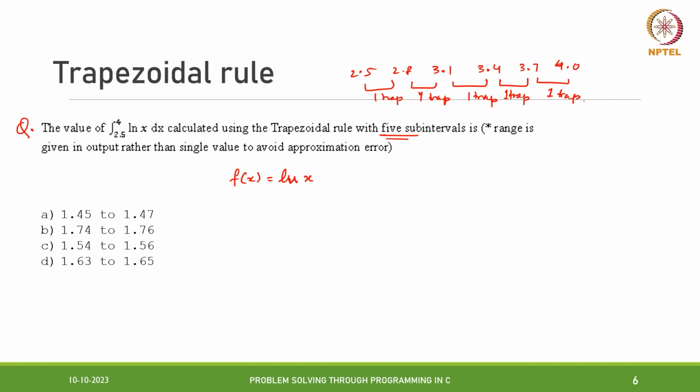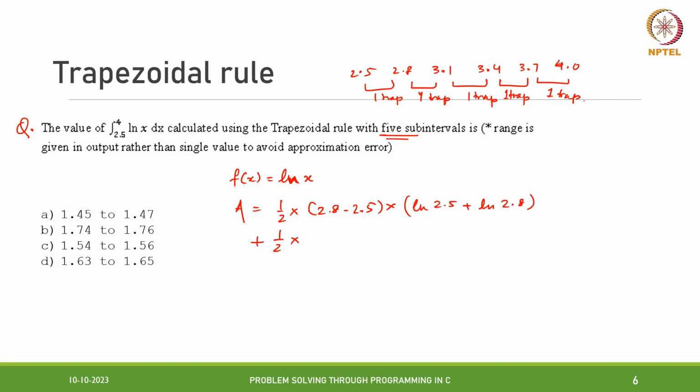So let's write the area under the curve, that is basically the trapezoidal rule. For the first segment we will have (2.8 minus 2.5) multiplied by (ln of 2.5 plus ln of 2.8).